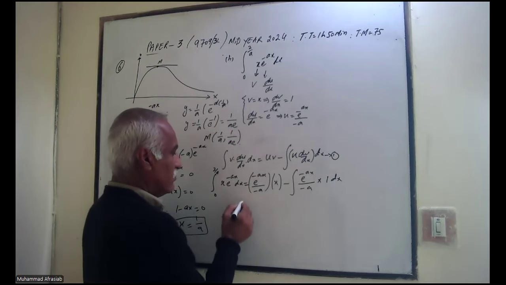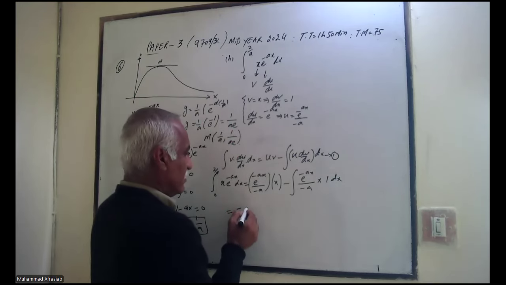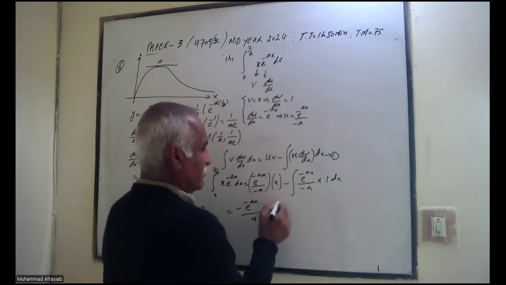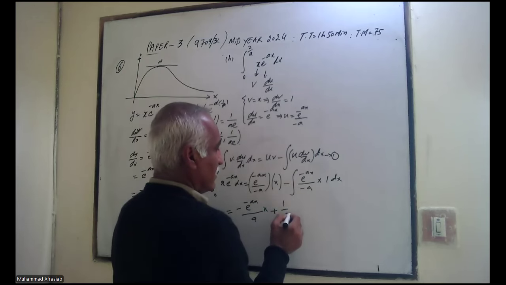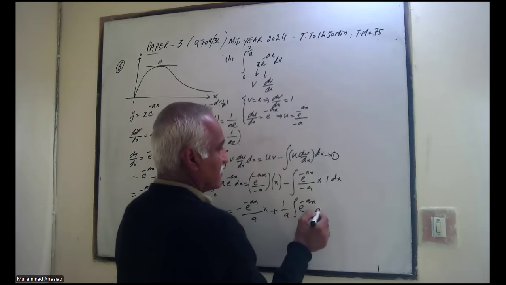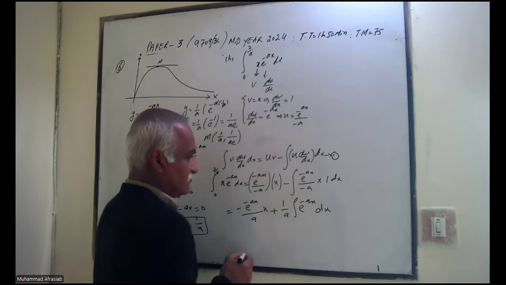So this will become minus e power minus a x over a into x, and this minus minus gives plus 1 over a outside into the integral of e power minus a x into dx.